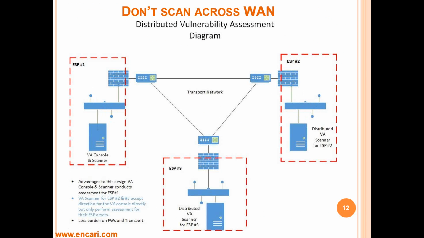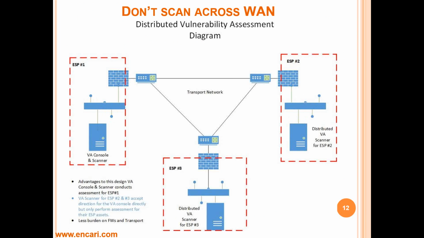So there's flexibility there, but what the goal here, like how we talked about a minute ago, was to be able to effectively scan the assets within each of your ESPs, but with minimizing the potential adverse effects that come with the increased traffic that we would put on, say, the firewalls, the transport network, so on and so forth.